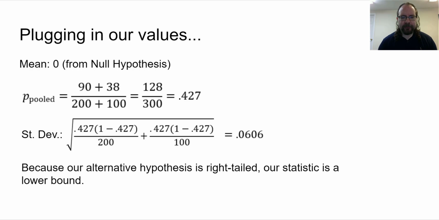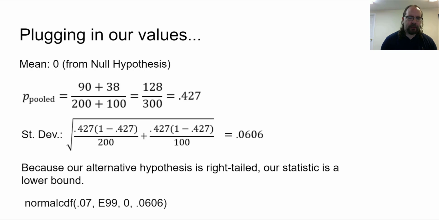Now we have to remember that because our alternative hypothesis is right-tailed, p1 minus p2 is greater than 0, our statistic is a lower bound. So since we're using the normal curve, we put in normal CDF. Our lower bound is 0.07, which is our statistic. Right bound is infinity. We'll put that in as E99. The mean is 0, and our standard deviation is 0.0606. This will give us our p-value of 0.124.